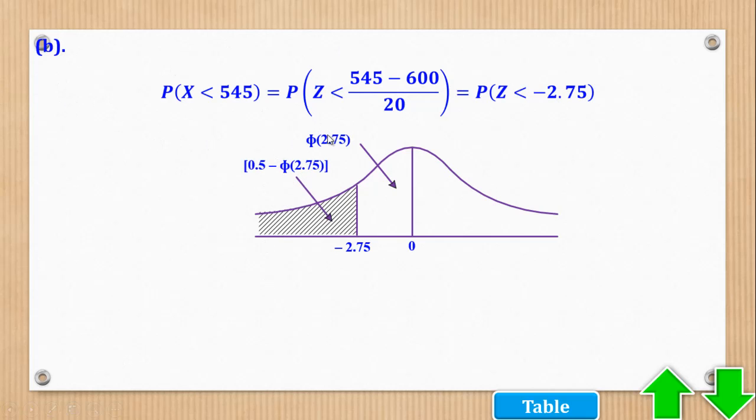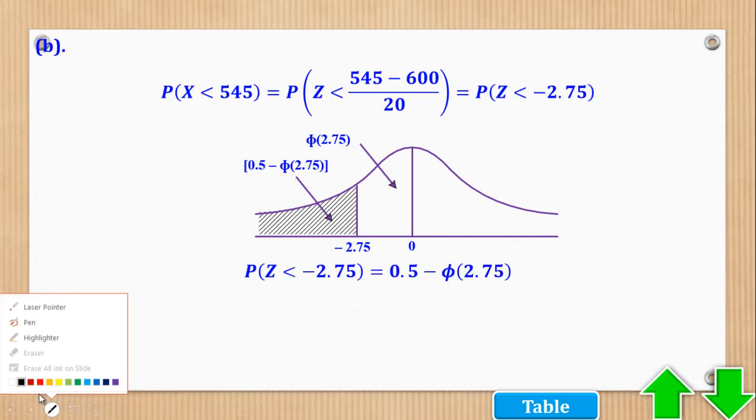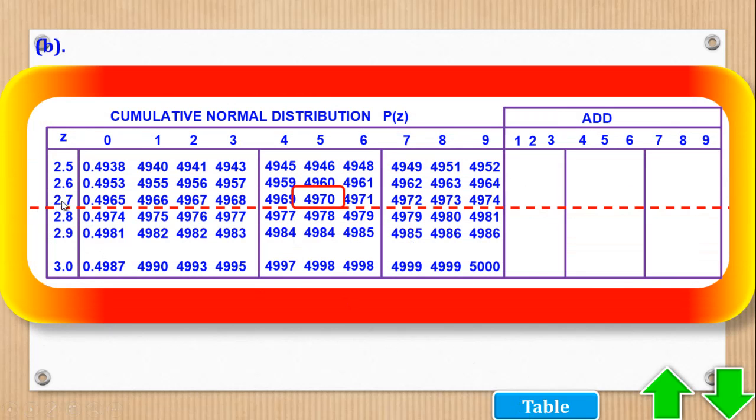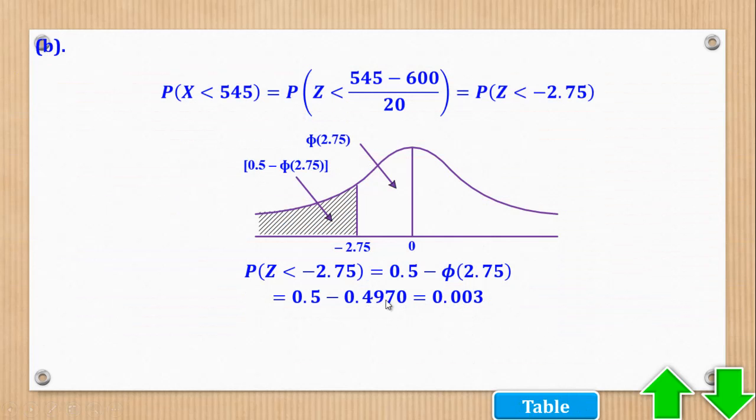So when I get this, I can easily get this shaded part. So this one is got from the cumulative normal distribution table. So 2.75 is 0.4970, which is here. Then when I subtract, I get 0.003, which is the probability.